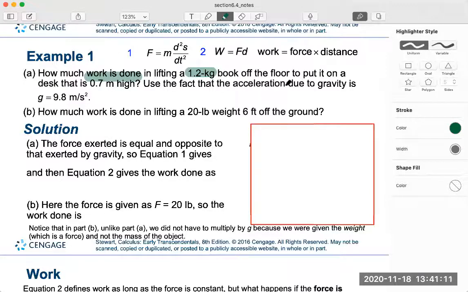For the acceleration, we use the gravity, which is 9.8 meters per second squared. The same question, but we find the work done in a different unit, foot-pounds, here.